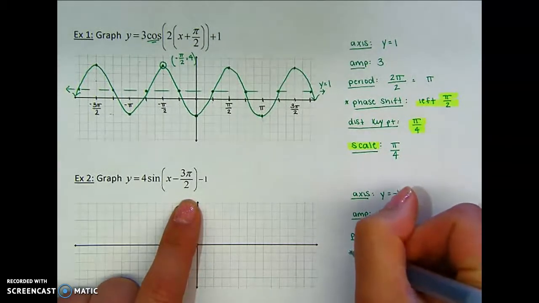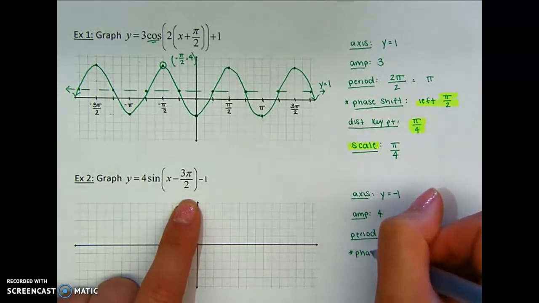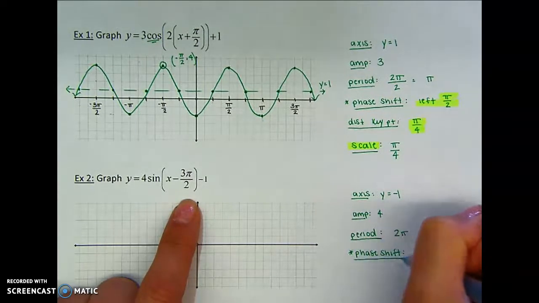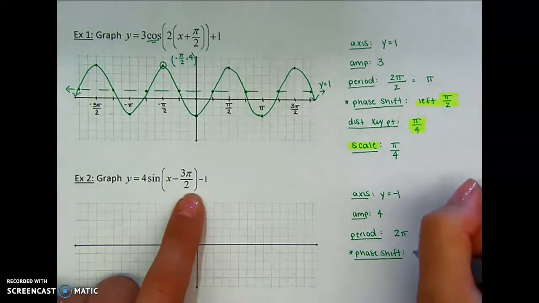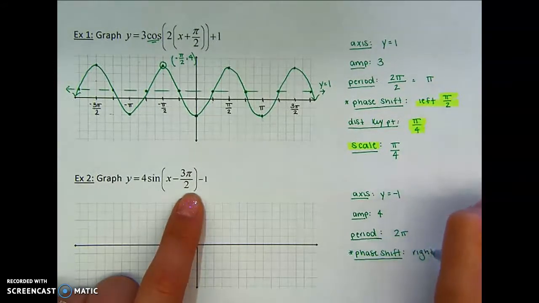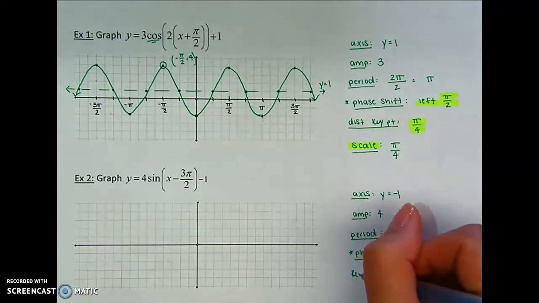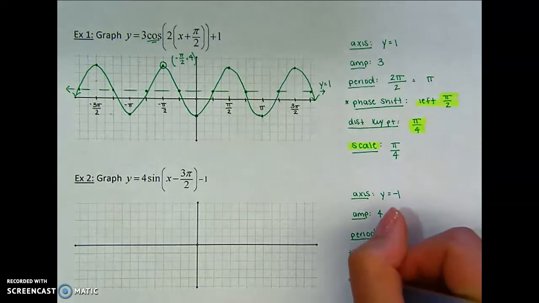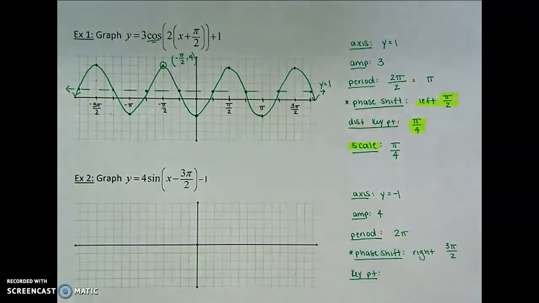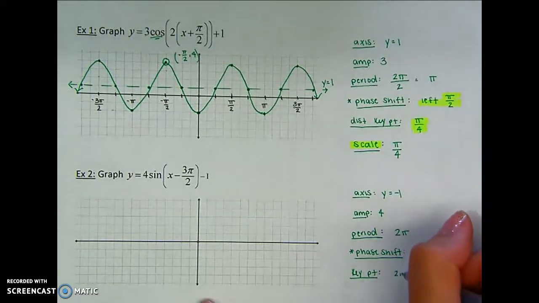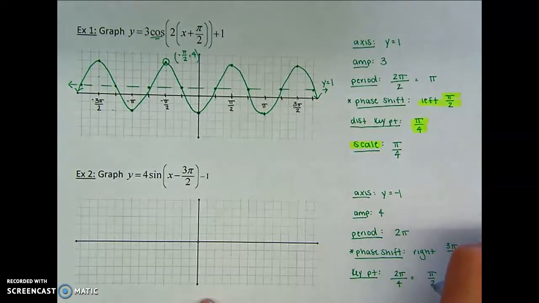The phase shift is going to be right by 3 pi over 2. The key point distance is going to be 2 pi, or period, divided by 4, so that is pi over 2.